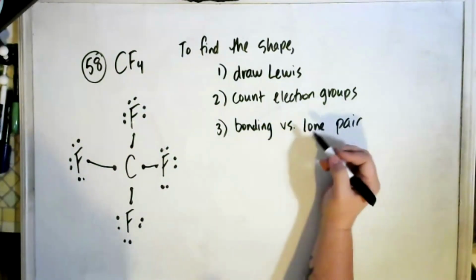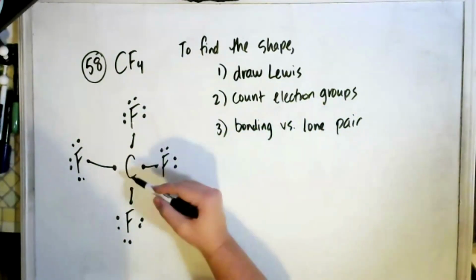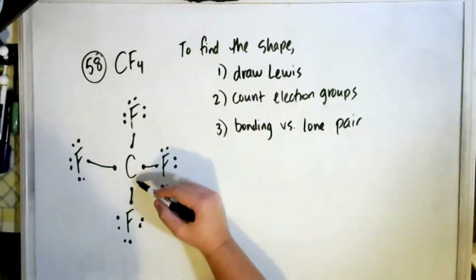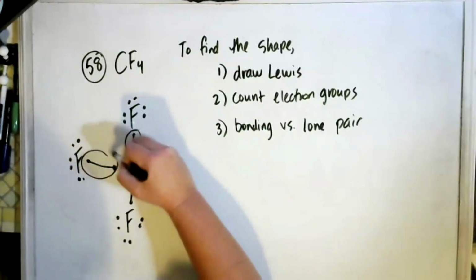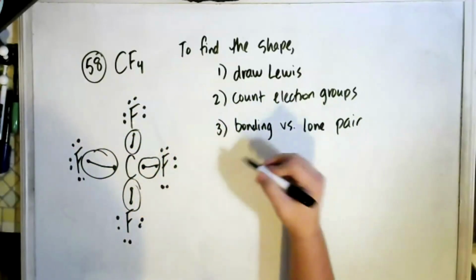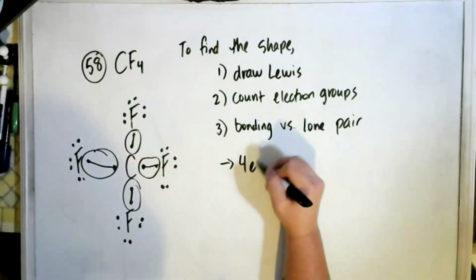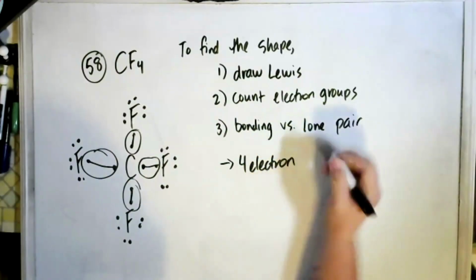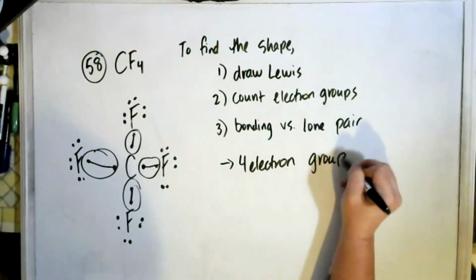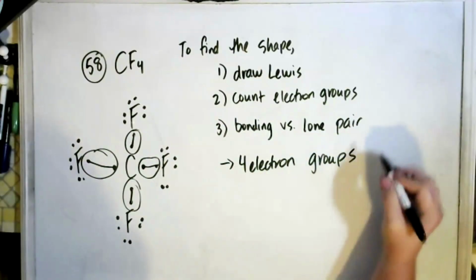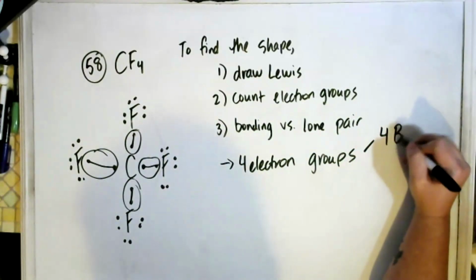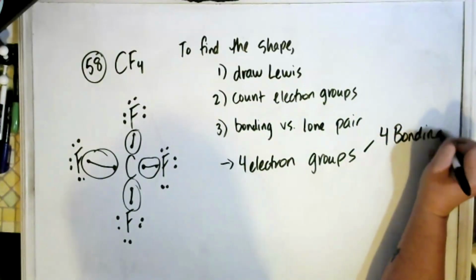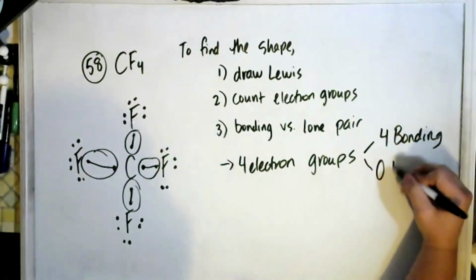Our electron groups are going to be focused solely around our central atom. We have 1, 2, 3, 4 electron groups. And within those electron groups, we have 4 bonding groups, and we have 0 lone pairs.